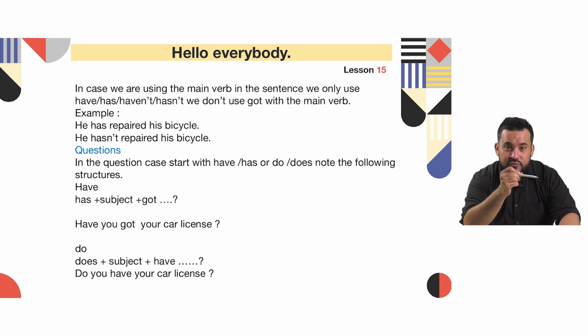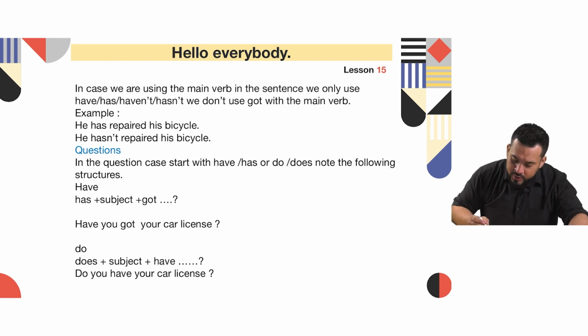If it was in the case of the question, have you got a spare tire, it will become do you have a spare tire? So that is the difference when we are making negative statements and questions. But for positive statements, it's exactly the same.